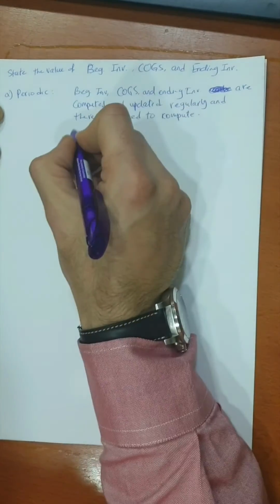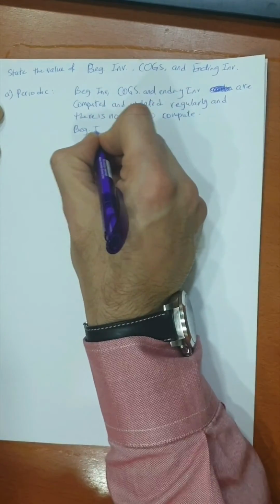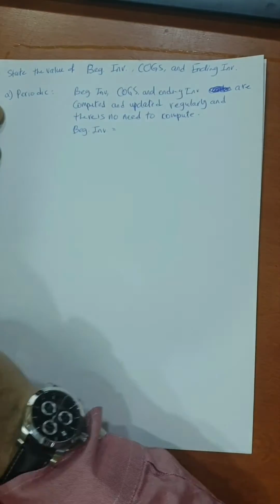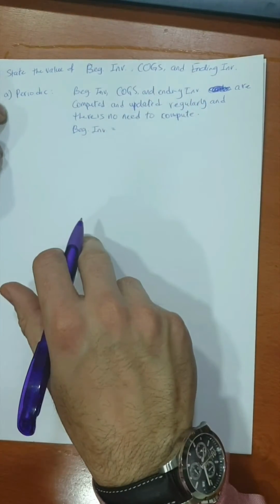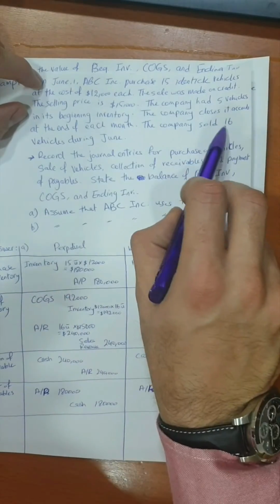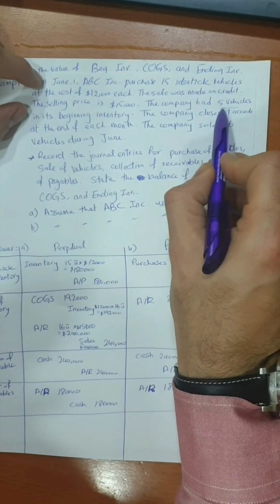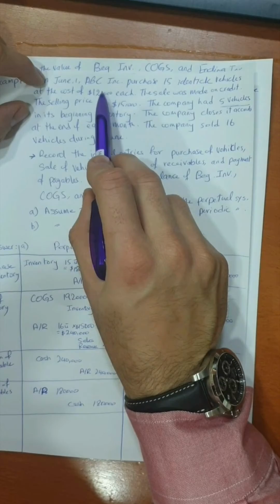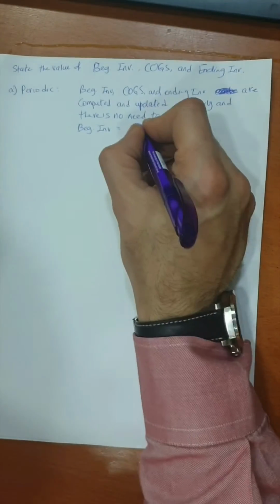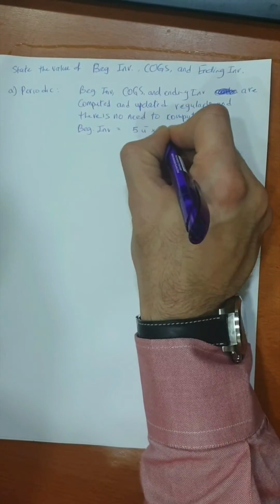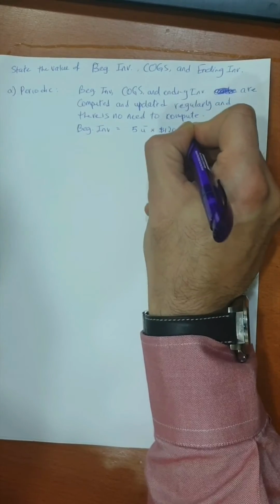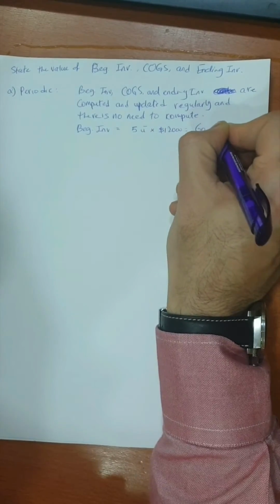Okay, so we already know that the beginning inventory in this case is equal to the value that was given in the question, and it's 5 vehicles multiplied by 12,000, which is the cost of each one. So 5 units multiplied by 12,000, and this is $60,000.